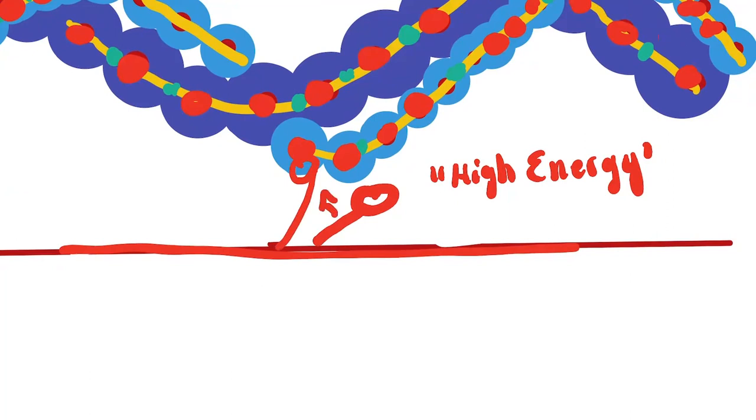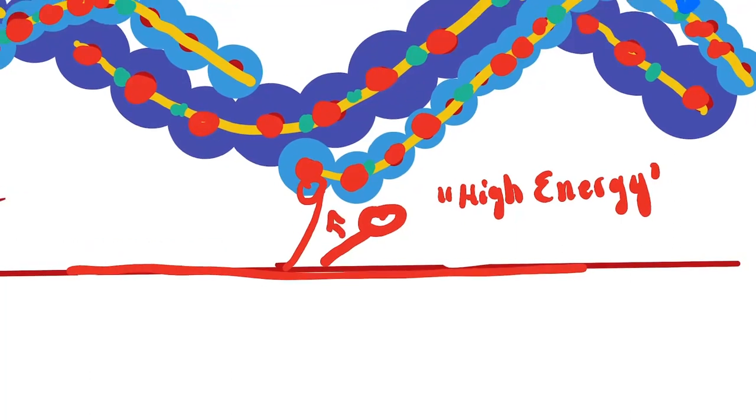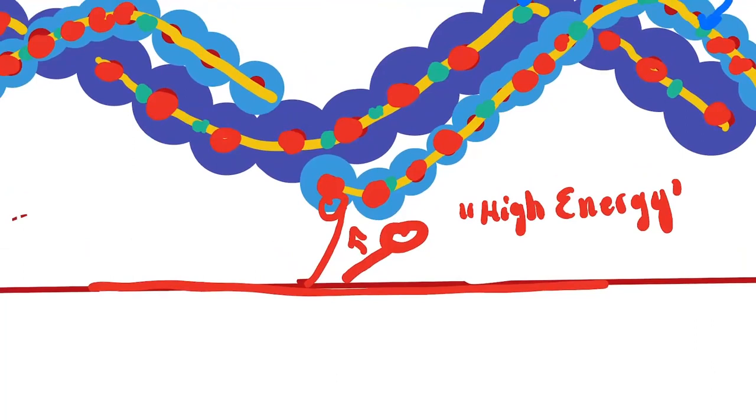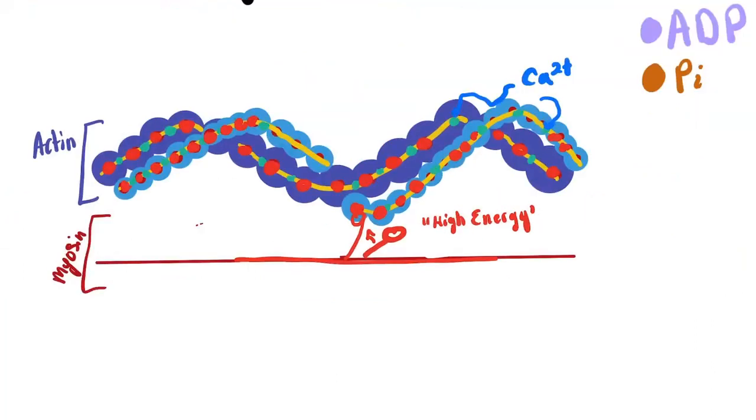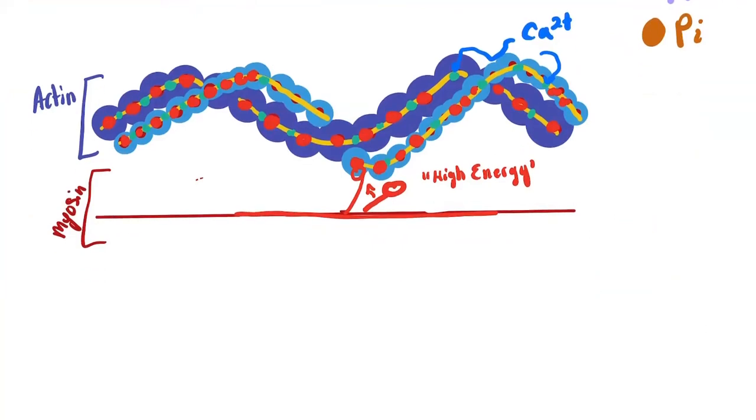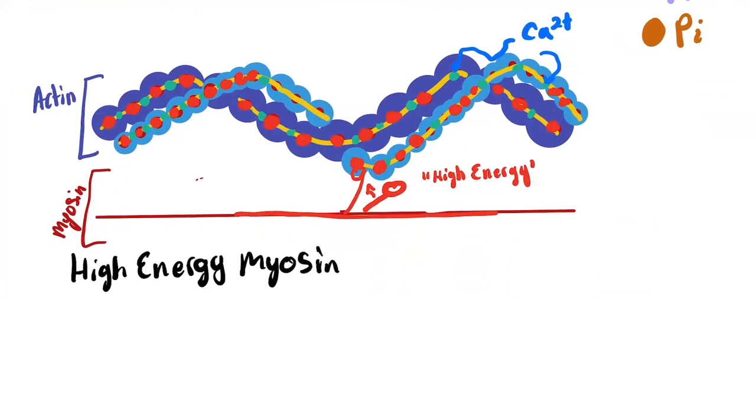This is the process of it connecting to the active site. So here, the high energy myosin head attaches to actin.